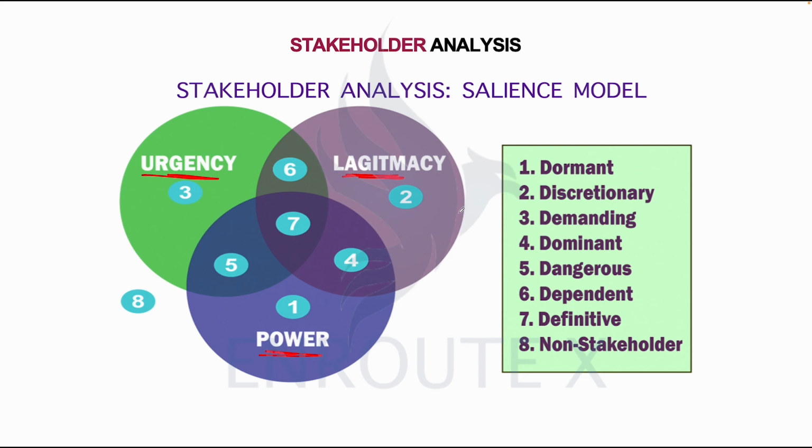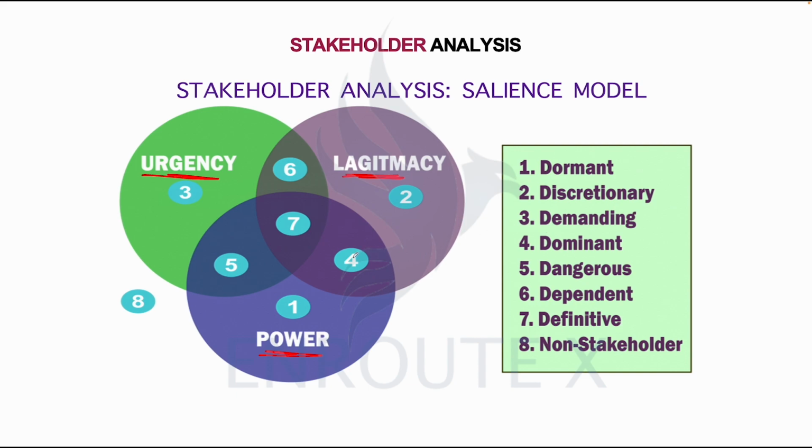So there are some stakeholders that fall under the power only. They would be dormant. Others that fall under the legal only would be discretional, right? Others that fall under the urgency could be demanding.